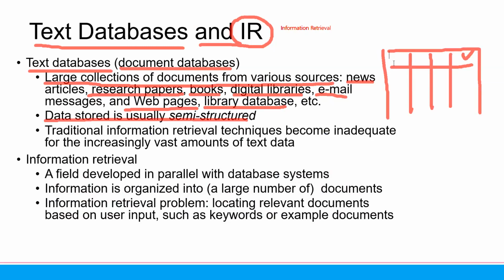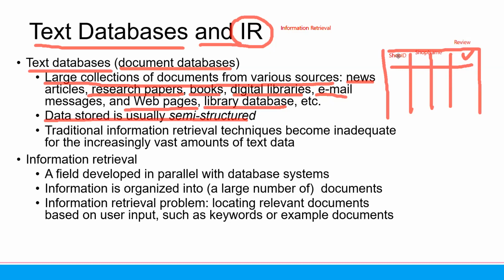For example, this is the shop ID, this is the shop name, and this is the review. Customers can write a review, and in the review they can type anything. So this is semi-structured.